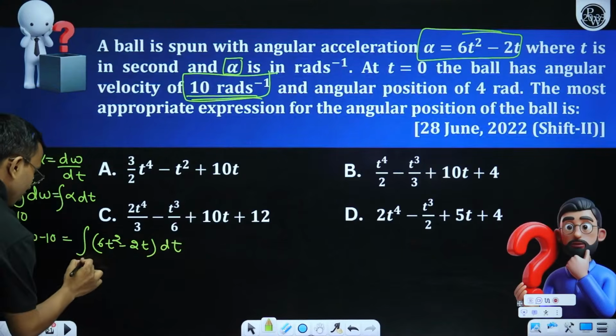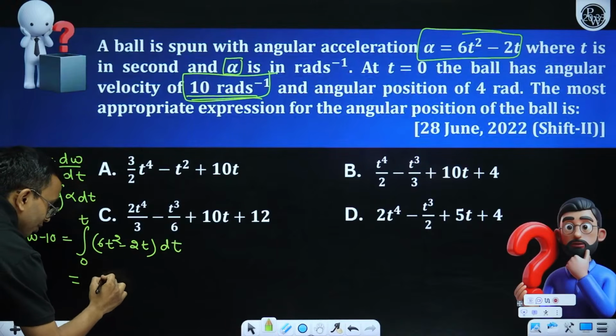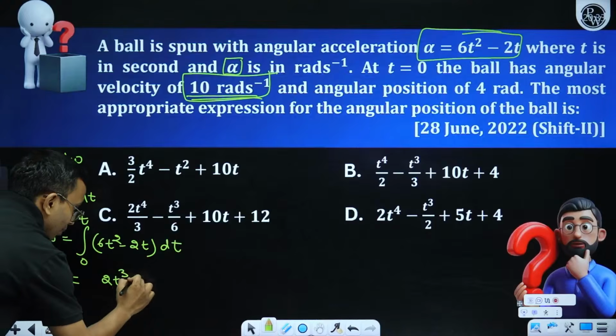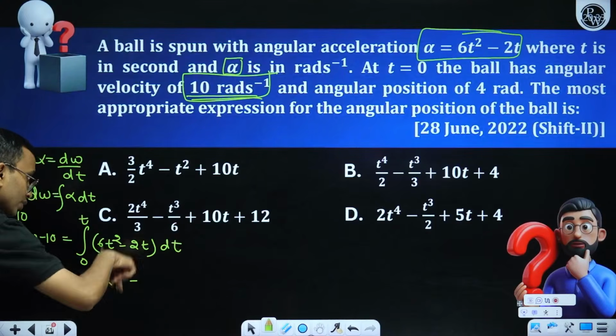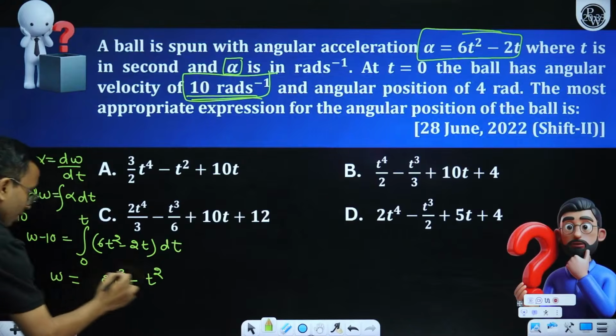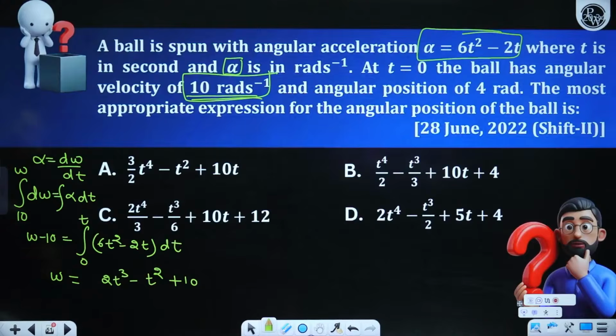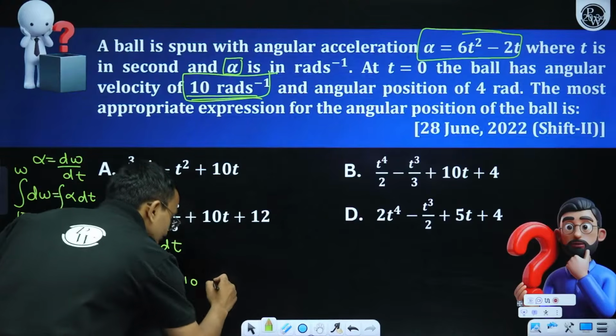Time goes from 0 to t. When you integrate it, 6t cube by 3, so 2t cube, minus 2 into t square by 2, so just t square. Omega comes out to be this plus 10. I got this omega. Now omega we will write as d theta by dt.